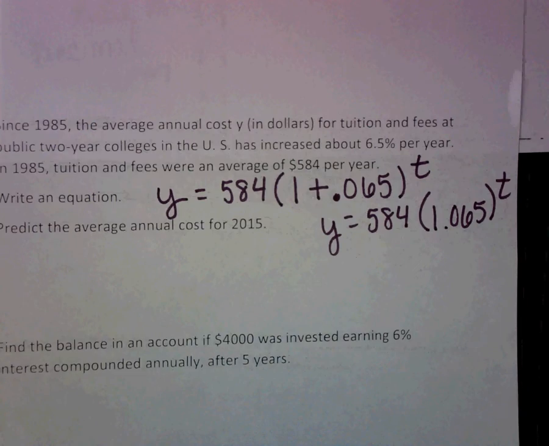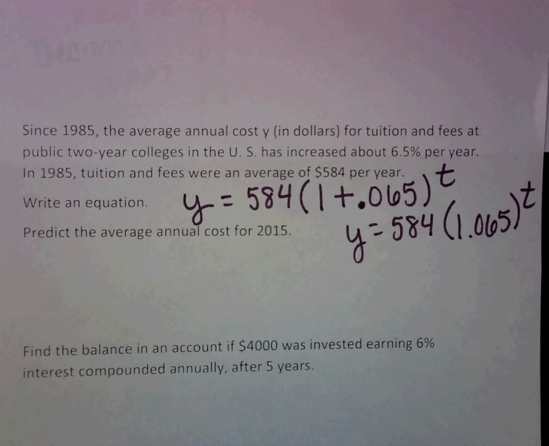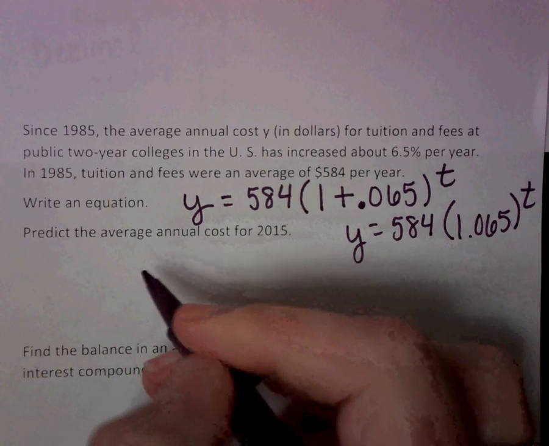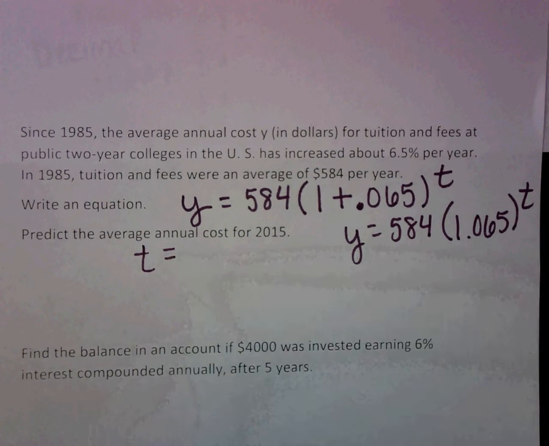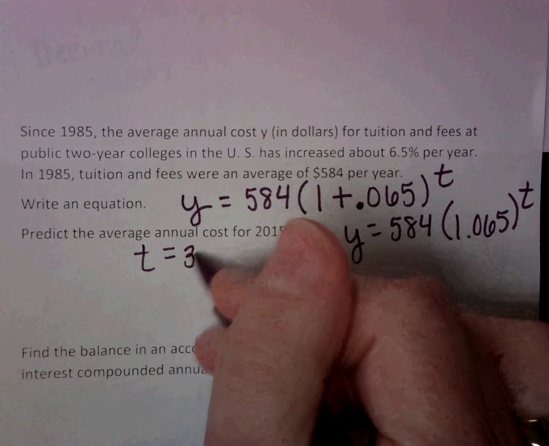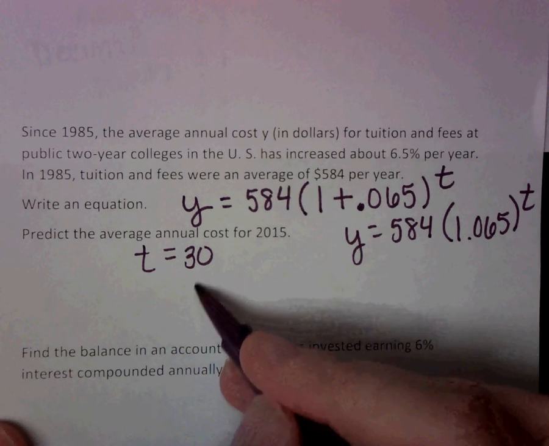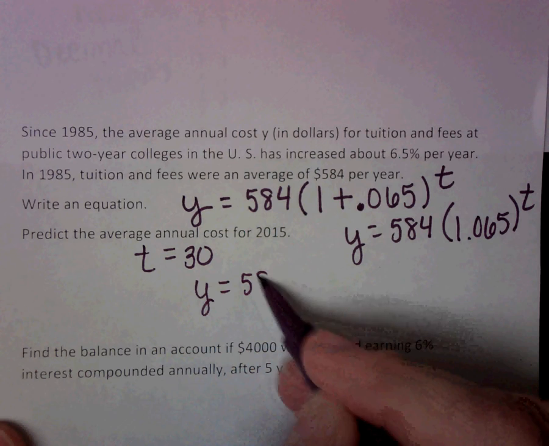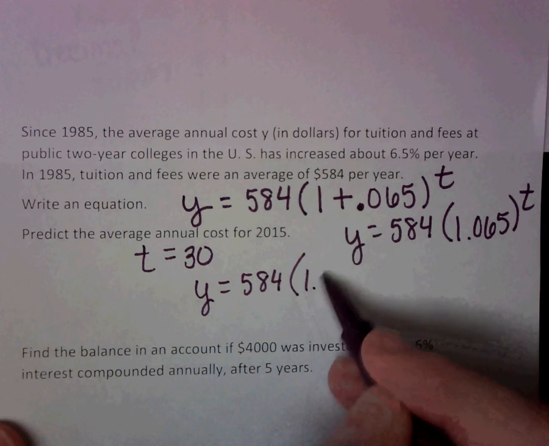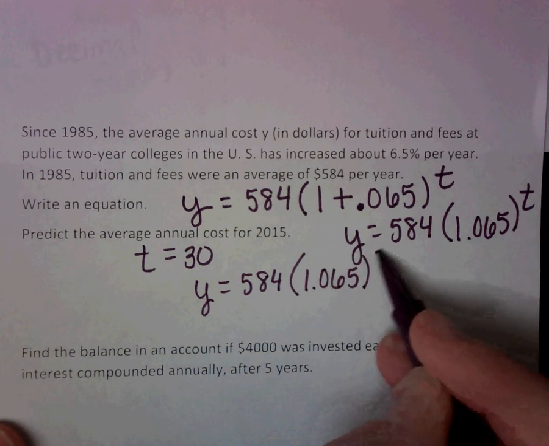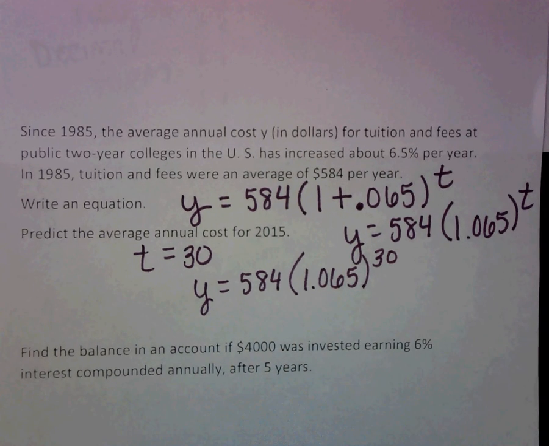So there's our equation. Now it says predict the average annual cost for 2015. Well, we need to know how many years that is. So 2015 from year 1985 is 30 years. So we're just looking for y when t has a value of 30. Nice and easy. All we have to do is plug in 30 for t and type it into our calculator.